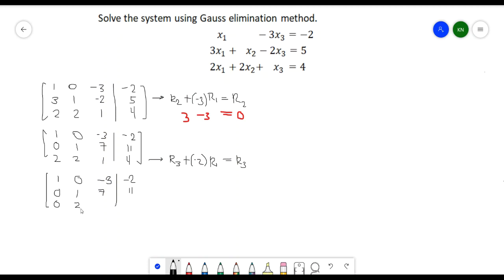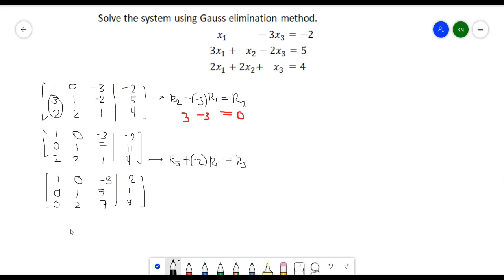So just copy that one. Then negative 2 multiplied by negative 3 is 6, plus 1, that is 7. Negative 2 multiplied by negative 2 is 4, plus 4, that is 8. As you can see, we have already changed our 3 and 2 to 0 and 0.